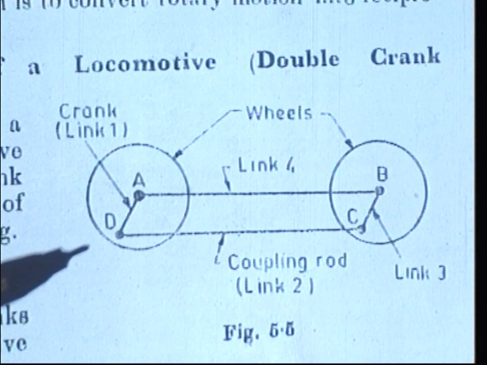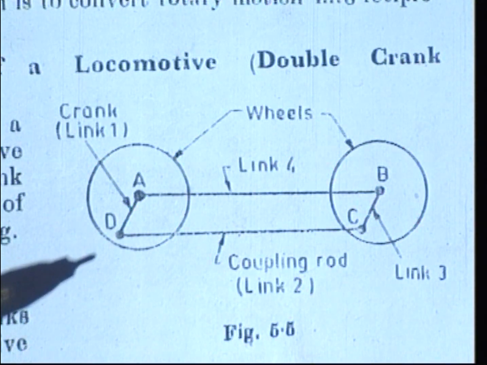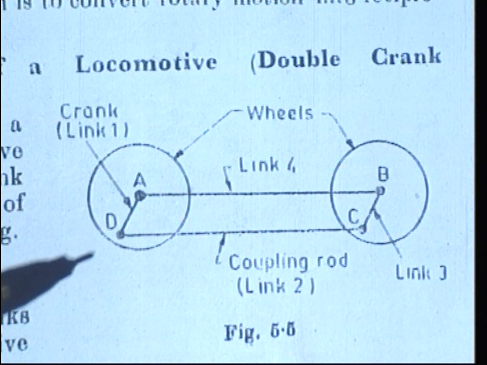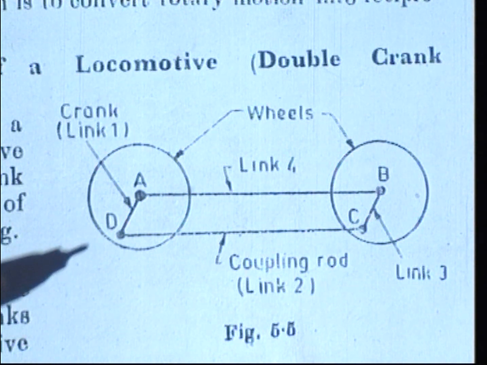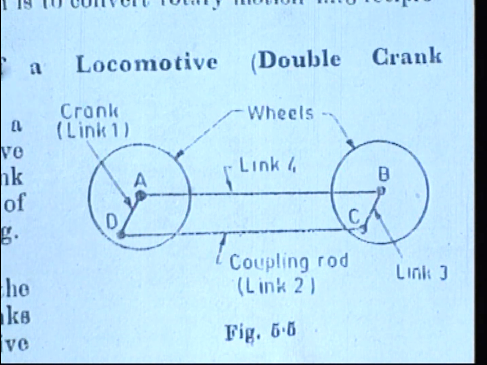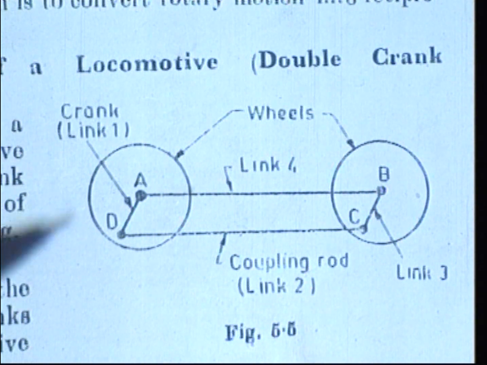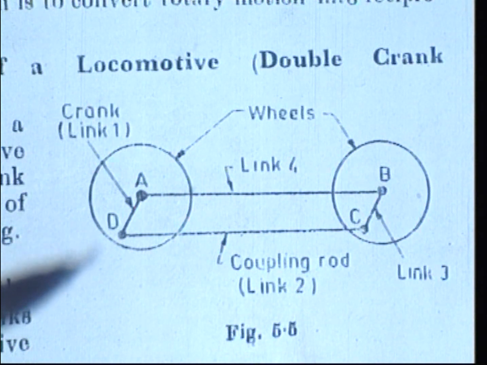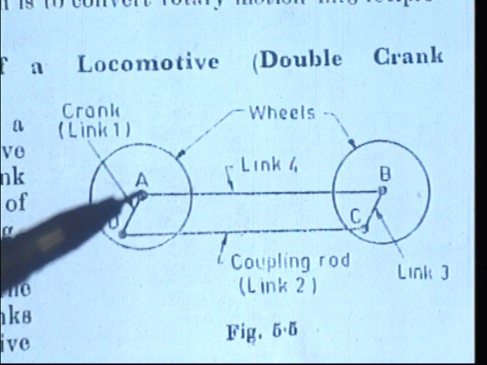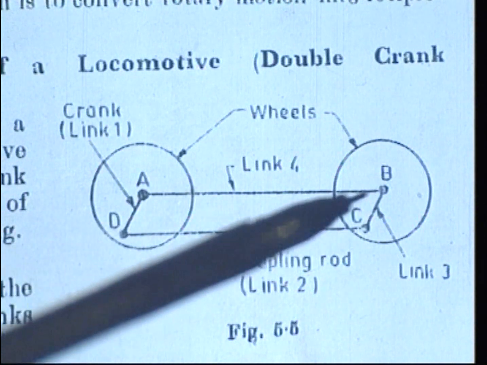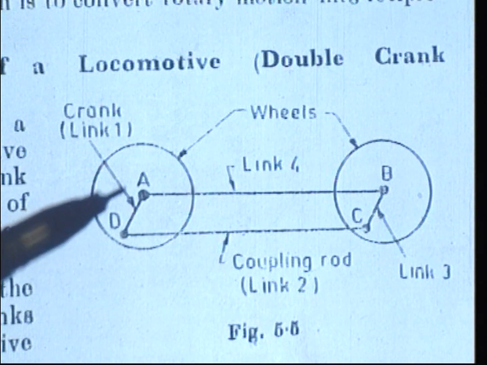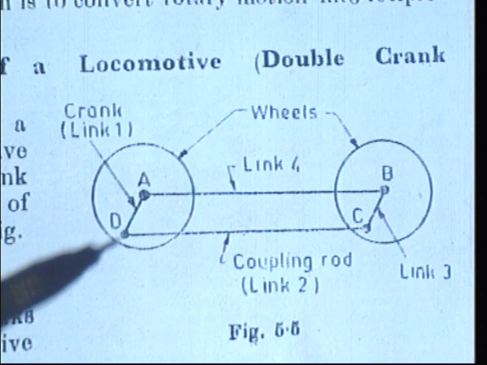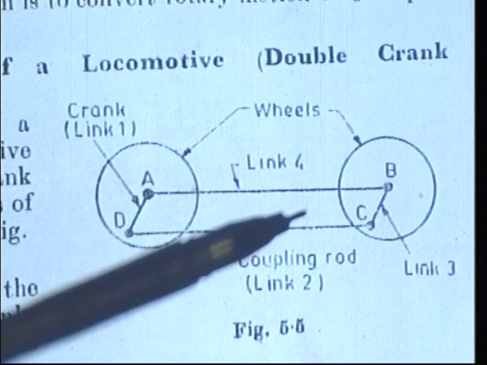This figure explains another application of the inversion of a 4-bar chain, namely the coupling rod of a locomotive. The inversion here is the double crank mechanism. As you see in the figure, the link 4, that is AB, is fixed, and we have 2 links AD and BC.